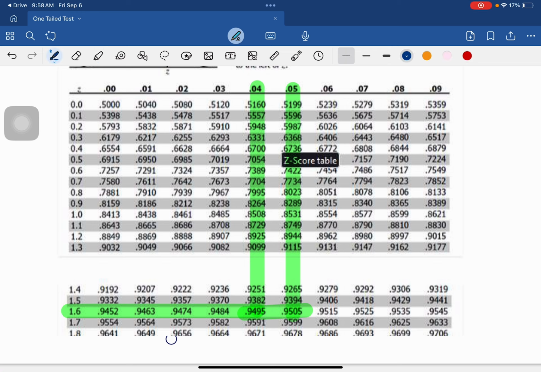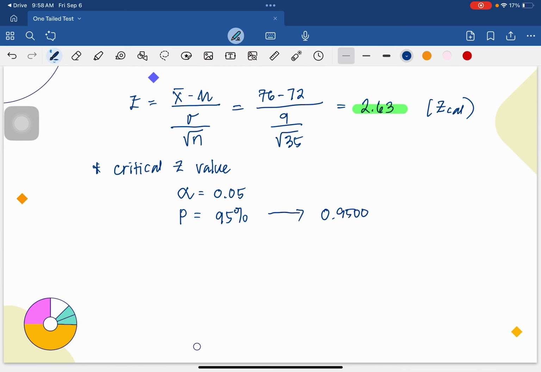I can assume that my z critical is in between the values here because it's 0.9500. So my z critical now is 1.645. It's in the middle of 1.64 and 1.65. So we go back here. We can say that our z critical is equal to 1.645. Let's just highlight that.